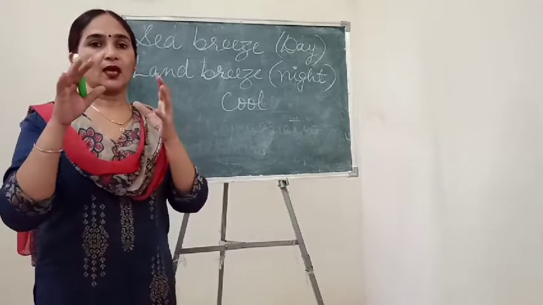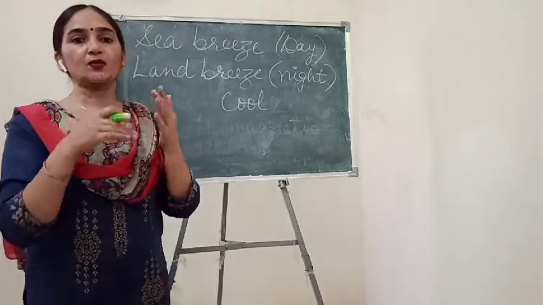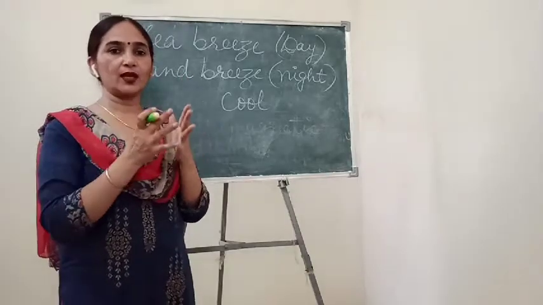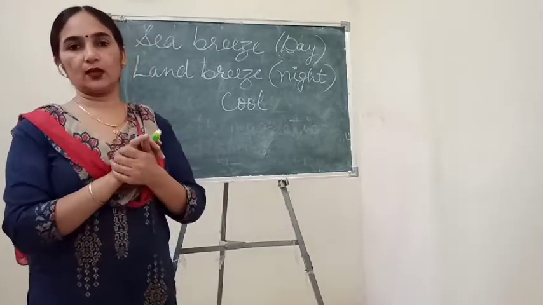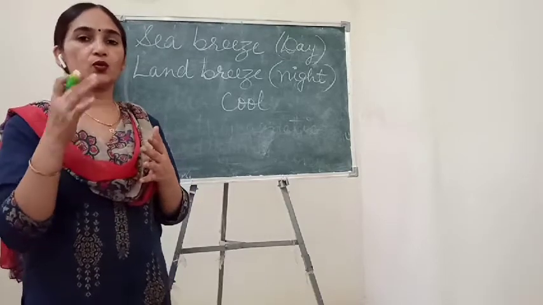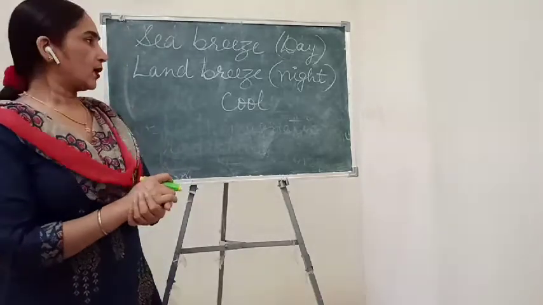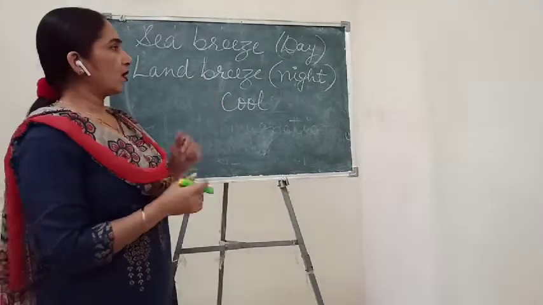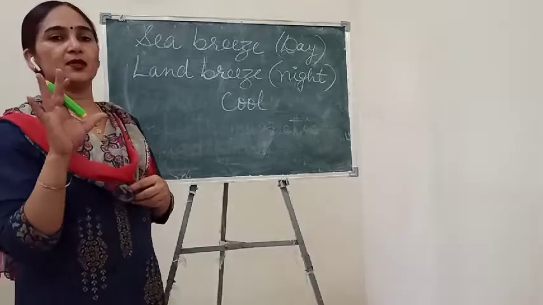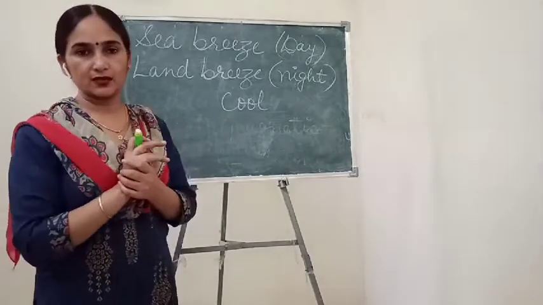In this way, winds are generated or formed during the convection method only. We can say winds are formed due to the convection method. Okay, so this is all about your convection, conduction, sea breeze, land breeze and radiation.